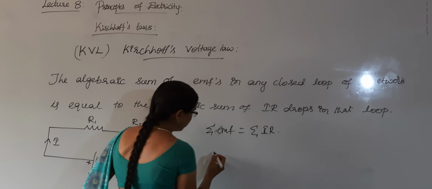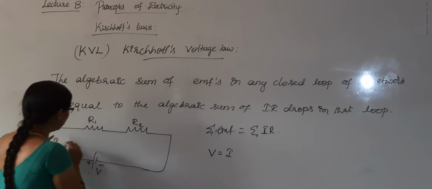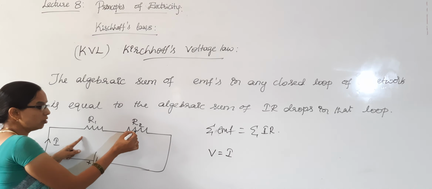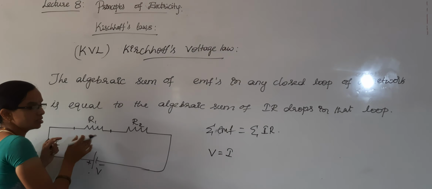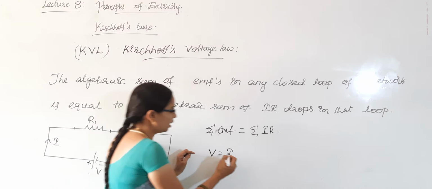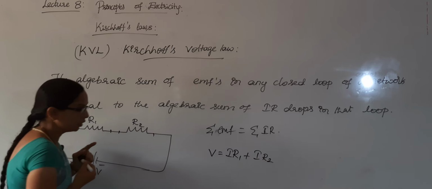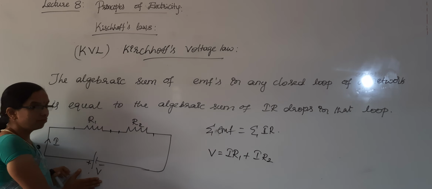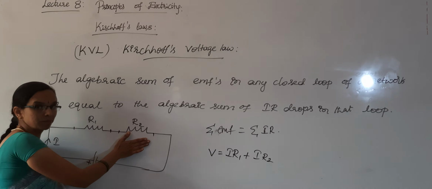Here in this circuit, V is equal to... the current flowing through this resistance is I, and the current flowing through this resistance is also I, but the voltage drops across them. So, IR drops means I R1 plus I R2. That means whatever voltage supply is coming from this source will provide energy for this resistance as well as this.